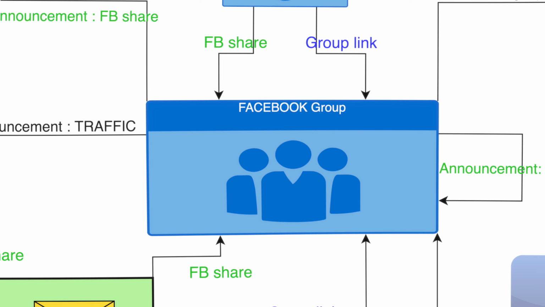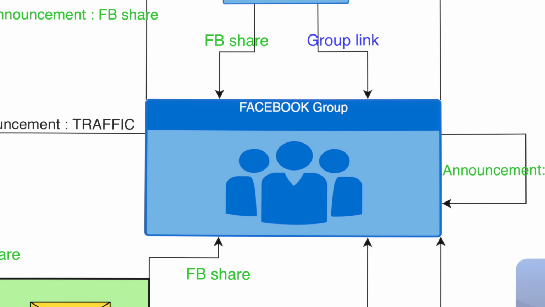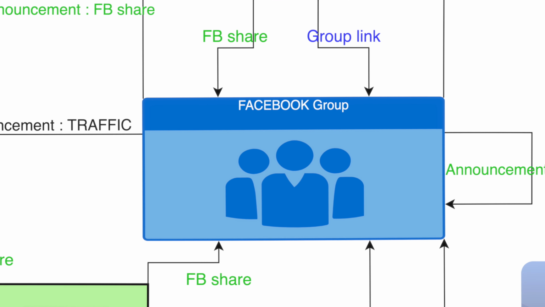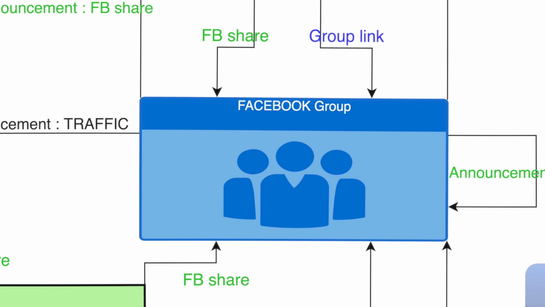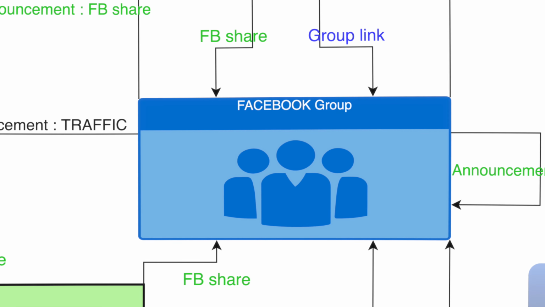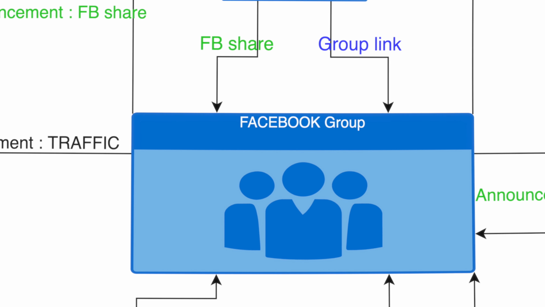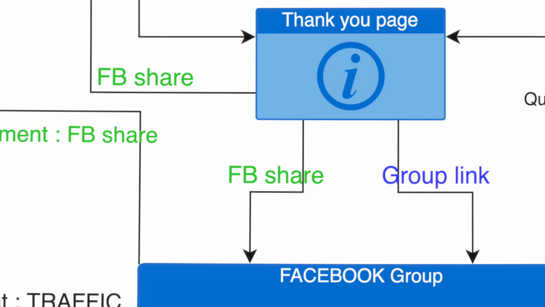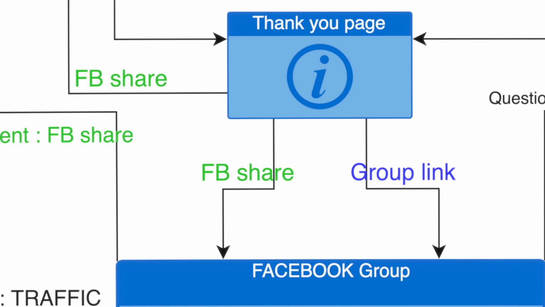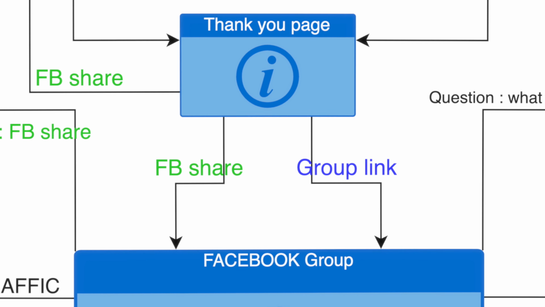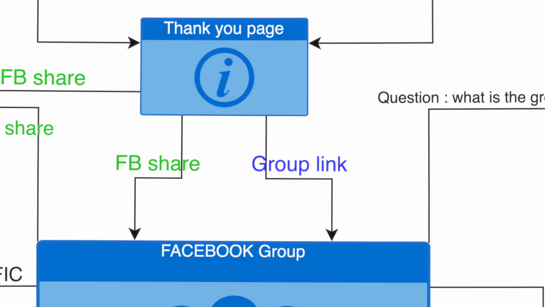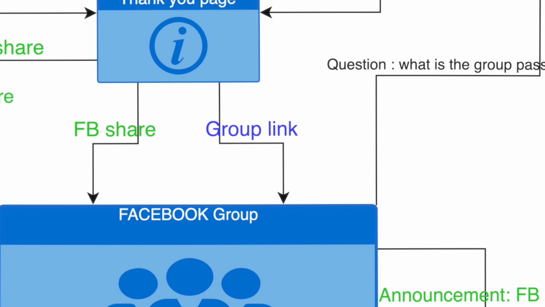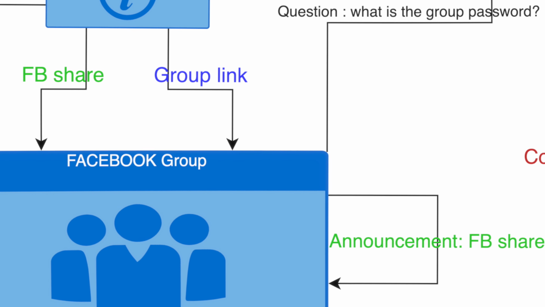It's in your first message. You say, oh, please share, it's a FB share also. So the first one, as we can see, comes from the thank you page and goes to share the Facebook group. The second one is a group link, as I said before, and the third one is the announcement to share the group from the group itself.